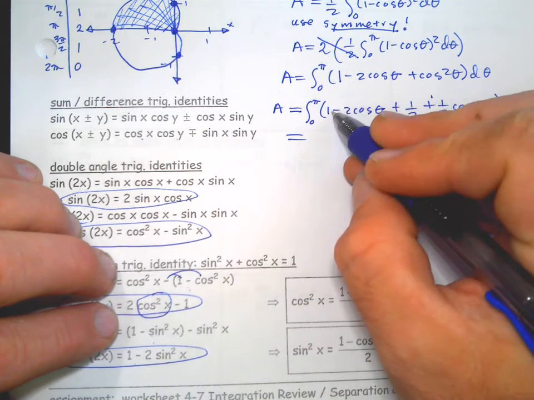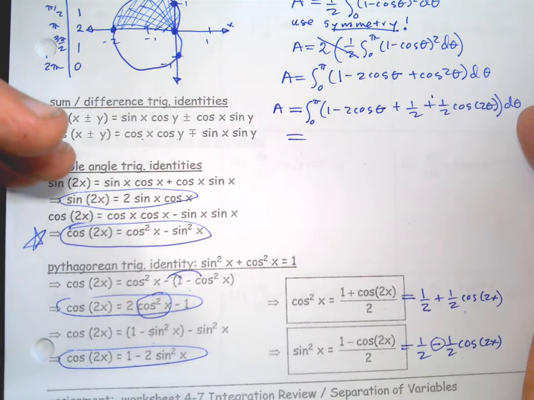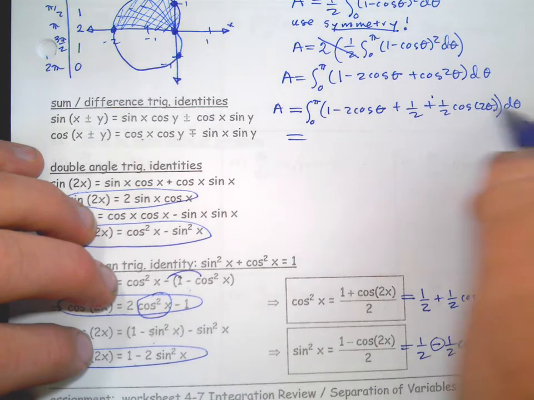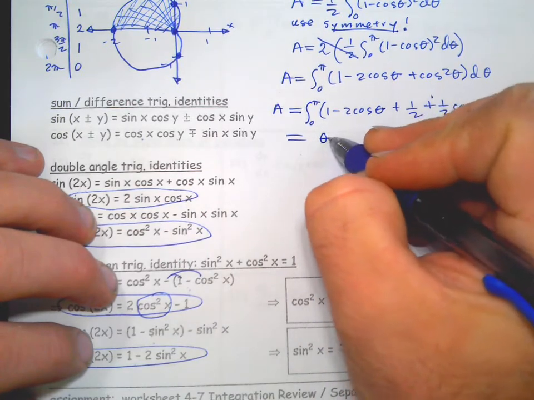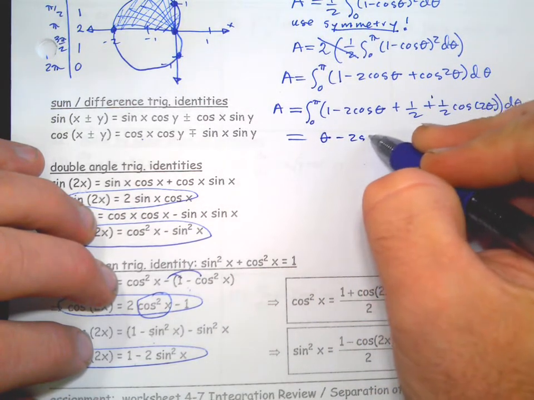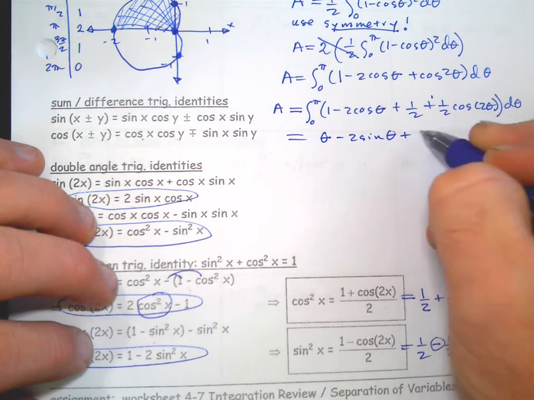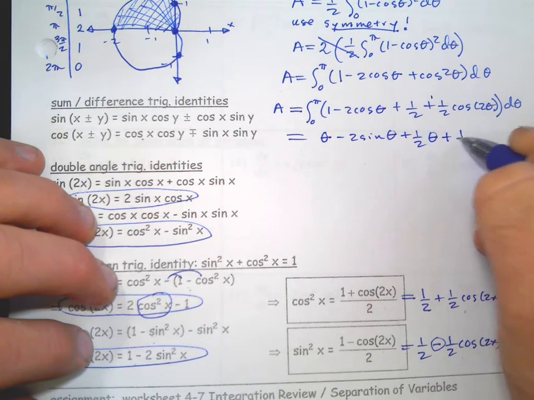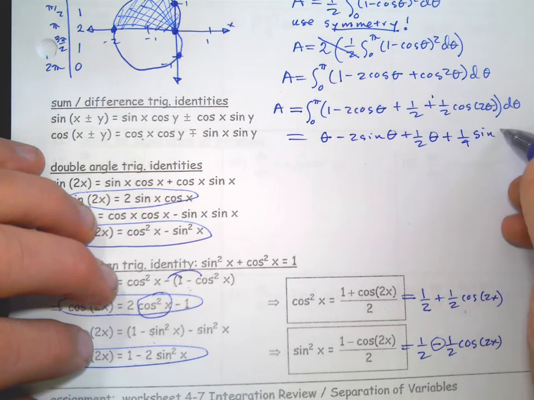You could combine the 1 and the 1/2 into a 3/2 right away, or you could wait. The antiderivative, integrating with respect to theta, is going to be theta minus 2 sine theta plus 1/2 theta plus 1/4 sine 2 theta. Those are the antiderivatives.